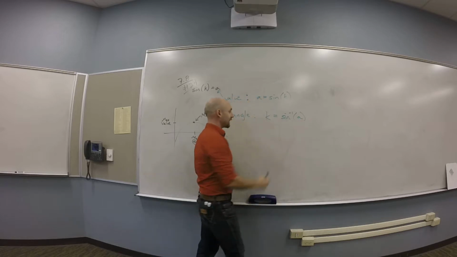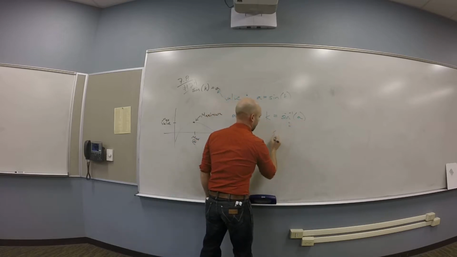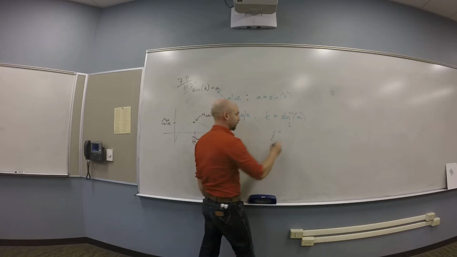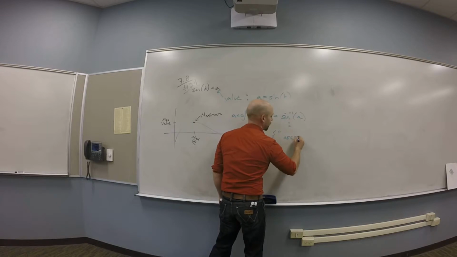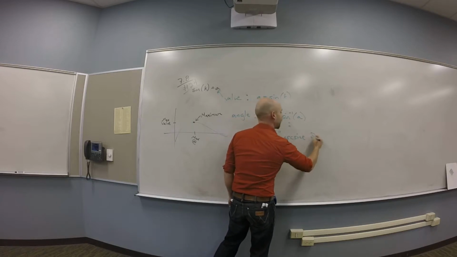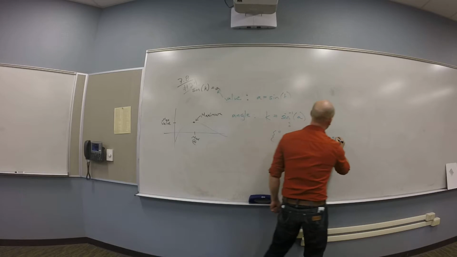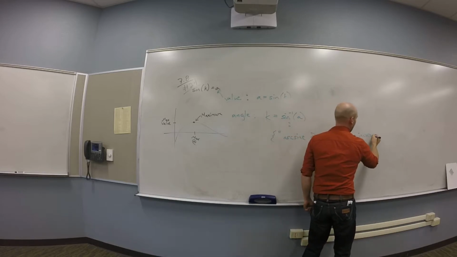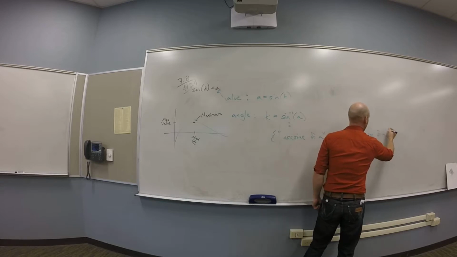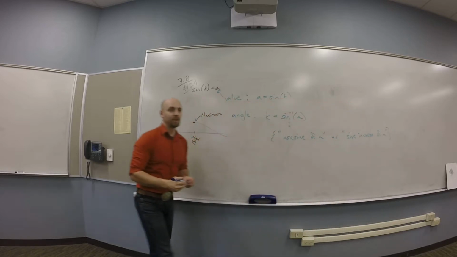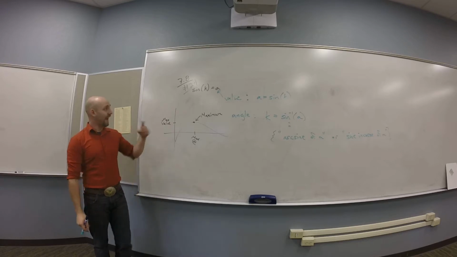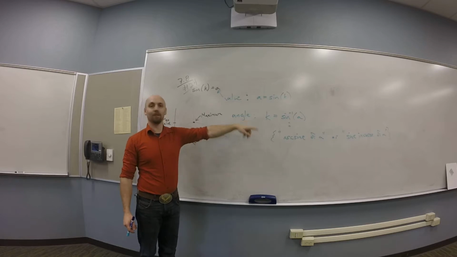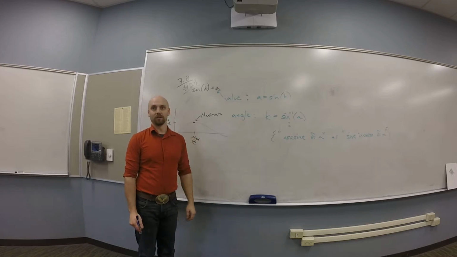Another way you could say this is k equals arc sine of a, so you could say arc sine of a, or you could say sine inverse of a. You guys with me on that? The value is an output thing, and the angle is the input for a trig function. Guys cool with that?